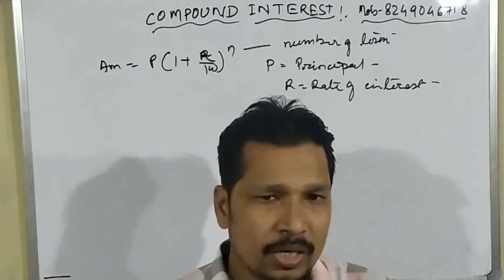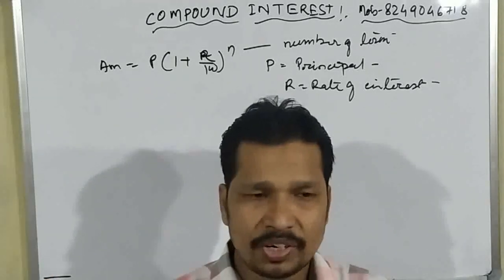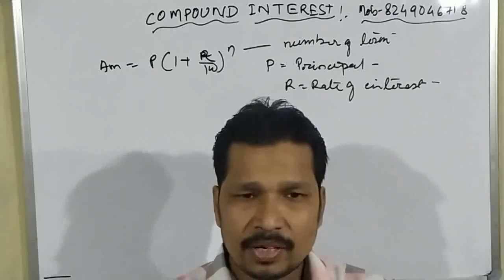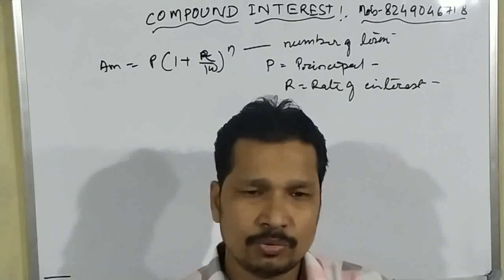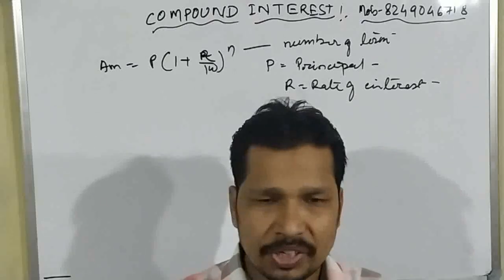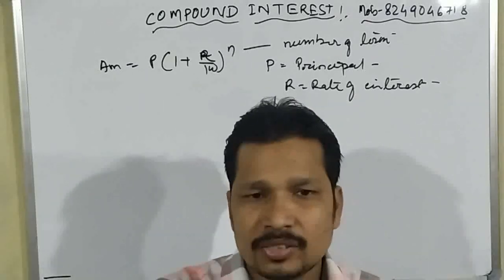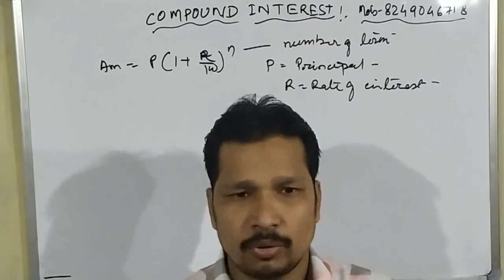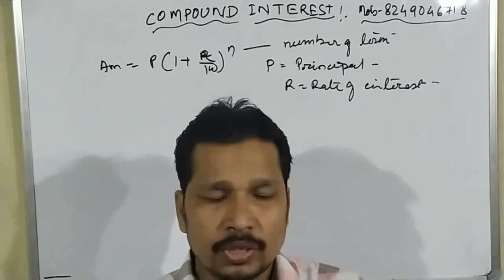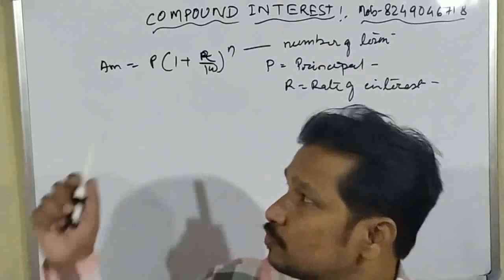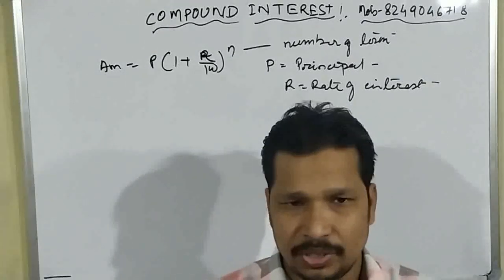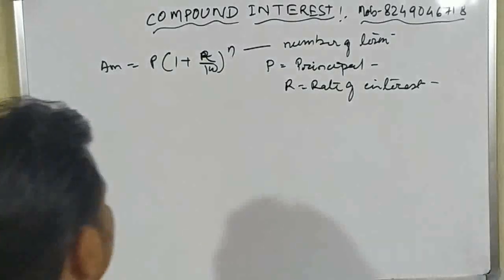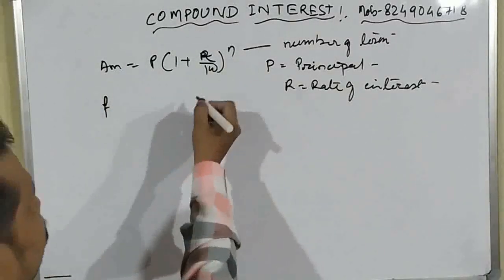In the case of compounded quarterly, quarterly means 3 months. After 3 months, the interest will be added to the principal to become the new principal for the next term. Okay, students. And in this way, we have to calculate. So we have to use this formula, but some changes will be there.